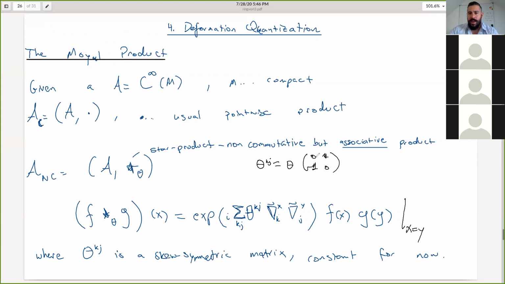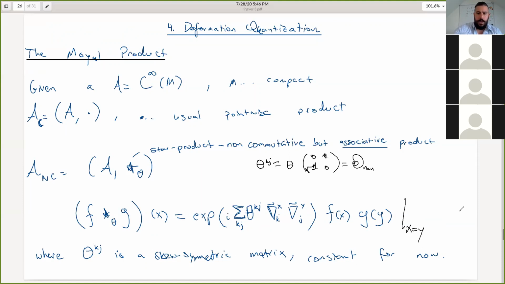This is the standard symplectic matrix, as they call it, the epsilon tensor in two dimensions. If I set theta equal to 0, this whole matrix is just the n by n zero matrix. This makes the exponential trivial, and thus you just have f of x times g of y, and for x equal to y that is f of x times g of x.